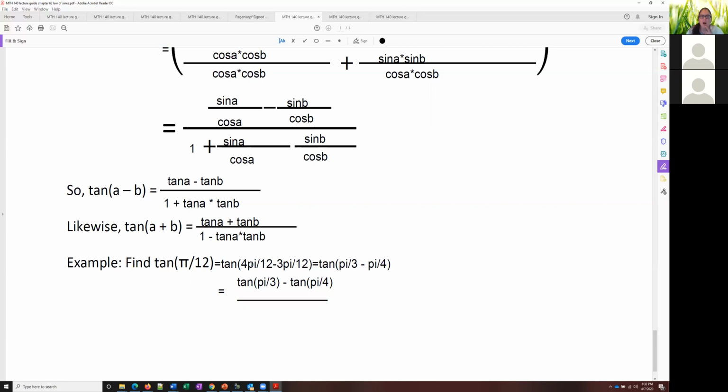Well, I just needed to think, what are some of the major values from the unit circle that we know the answer to? And we know the answer to pi over 3 and pi over 4. So I wanted to think, well, how would I possibly put them together to get a pi over 12? And if we subtract 4 pi over 12 minus 3 pi over 12, that'll make 1 pi over 12. So basically just thinking about the special values from the unit circle and how you can put them together to come up with the value that you're looking for.